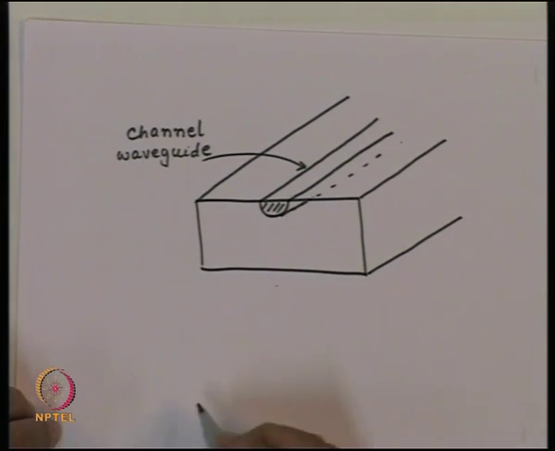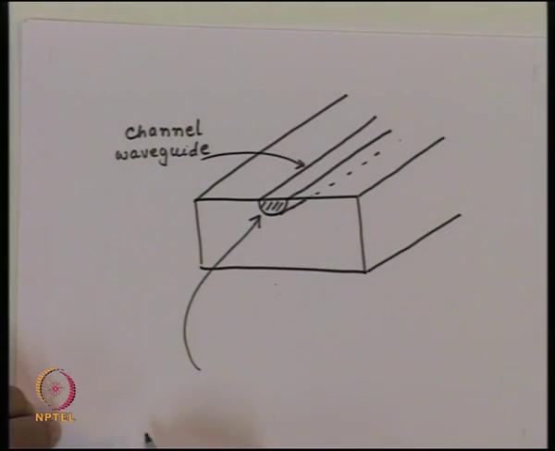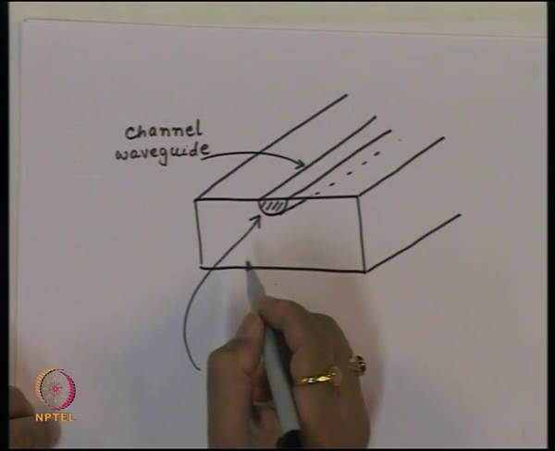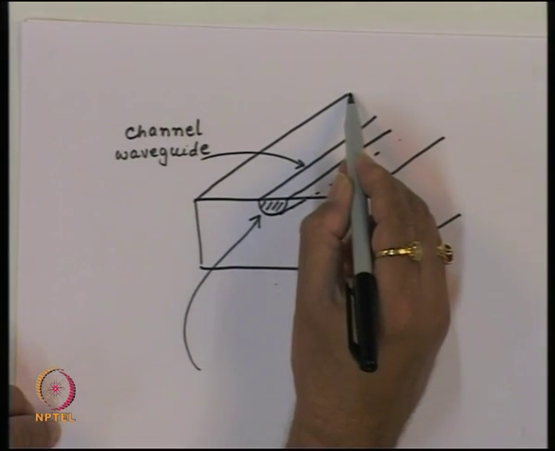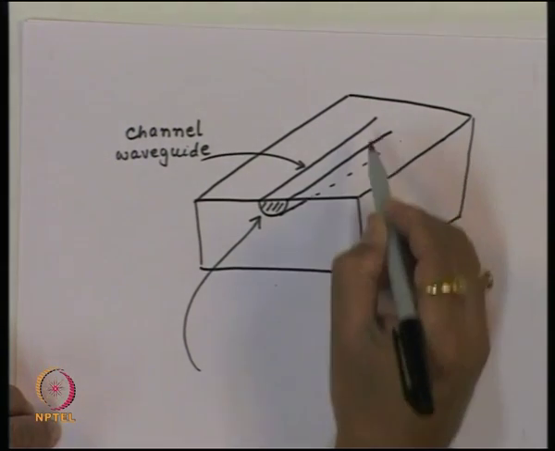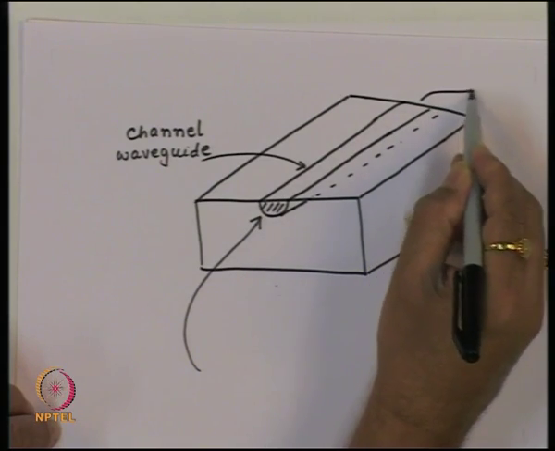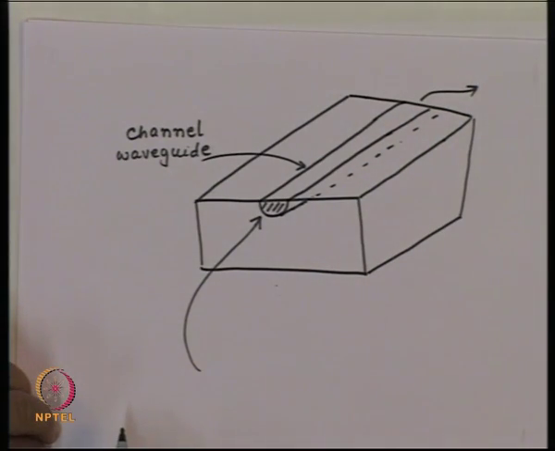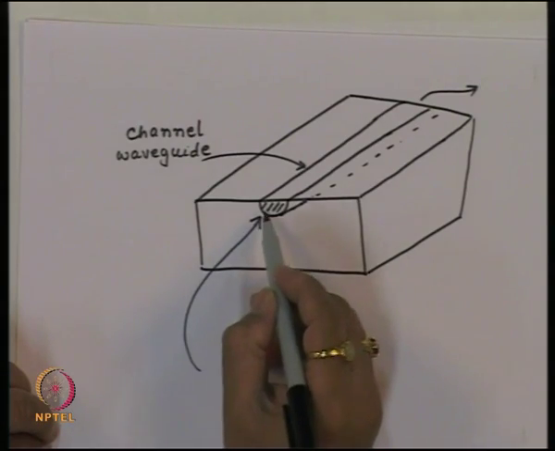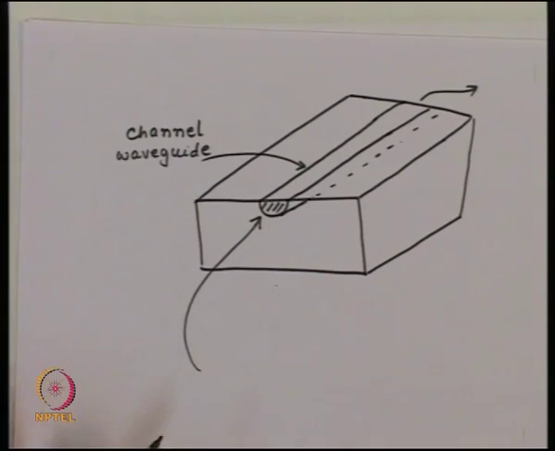So, now what we do, we bring the optical fiber and connect to this. The light is brought from the optical fiber connected to this end, then on the other end of this device you collect the light from here, and the light will pass through this material, and because of that the phase of the light will change.